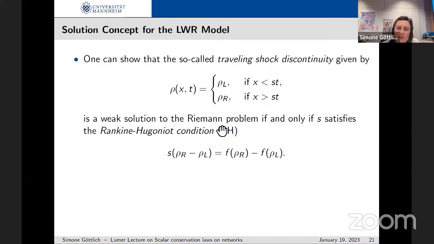Again, we have a weak solution, and s is given by the so-called Rankine-Hugoniot condition, which is given by this equation here, and which is also called the shock speed. You can believe me or not that this is a weak solution. I don't want to go into the computational details, but you can insert this weak solution into the definition and really compute that this is a weak solution under the Rankine-Hugoniot condition given here.